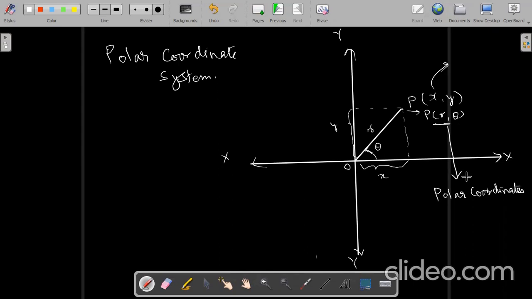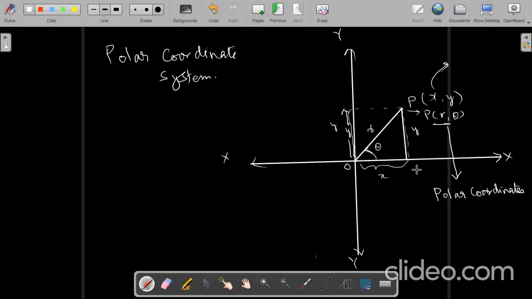One thing we can see is that this is the distance on the y-axis, that is y. There is a relation between polar coordinates and Cartesian coordinates. If we draw a perpendicular from here to here, this distance will be y and this distance is x.